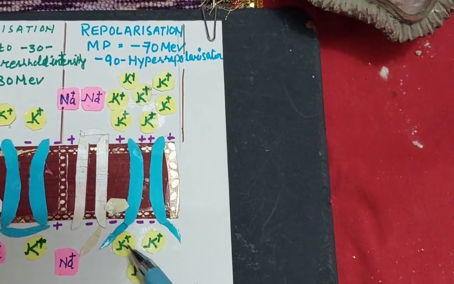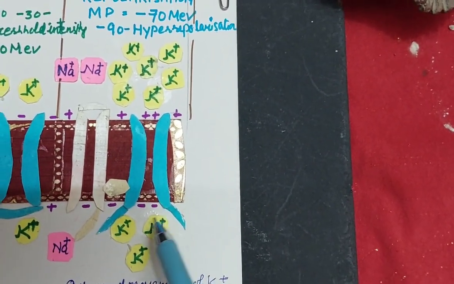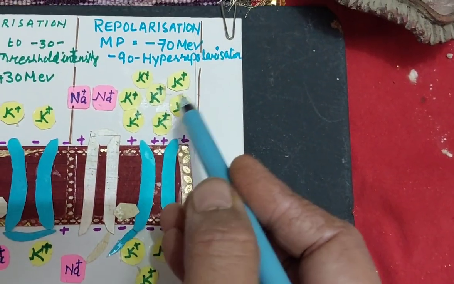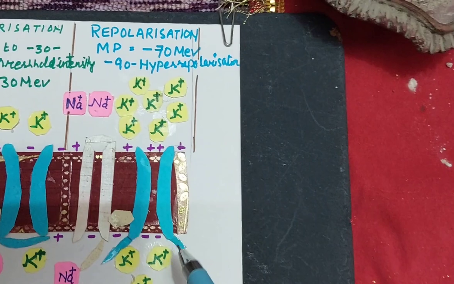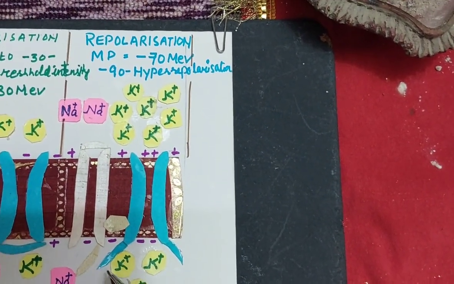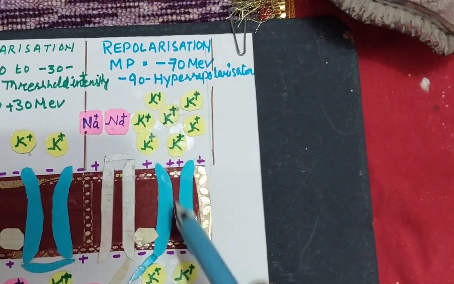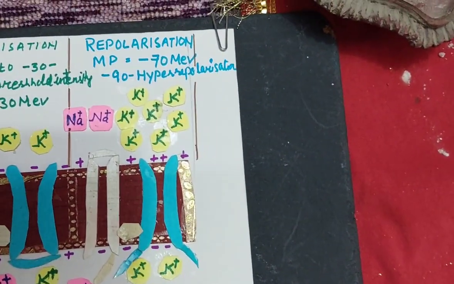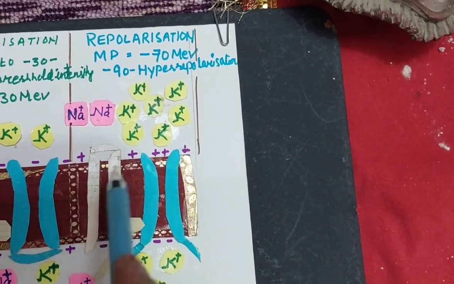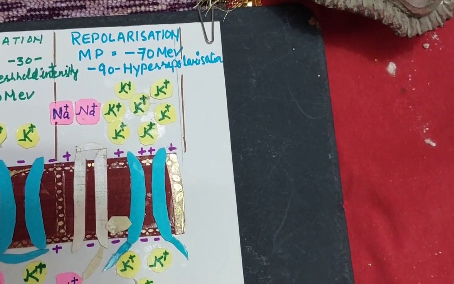The voltage gated potassium channels are open, and they cause the movement of potassium outside. Understand? The voltage gated sodium channels are closed now, and the potassium channels are also voltage gated.